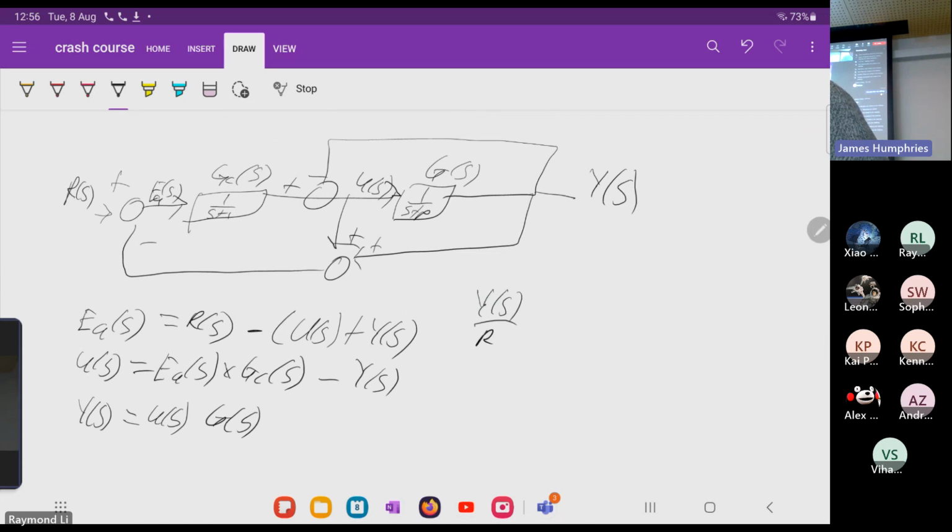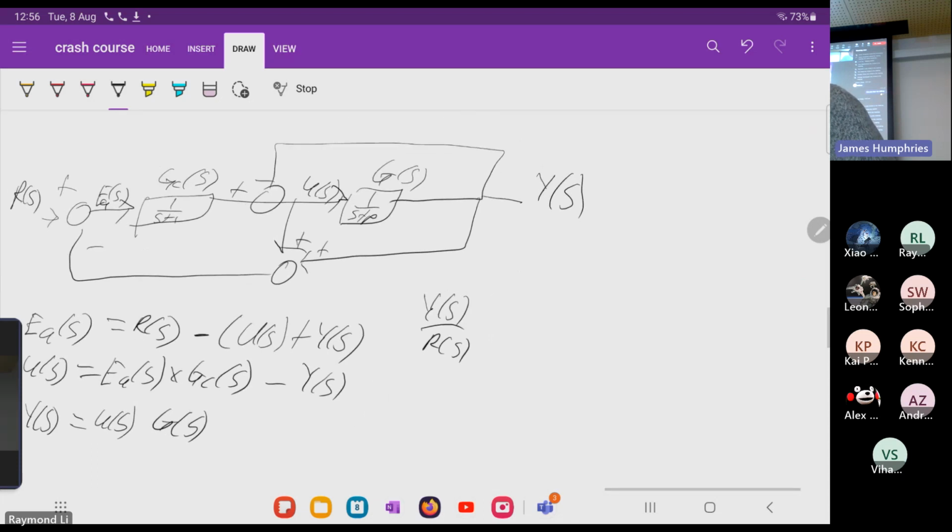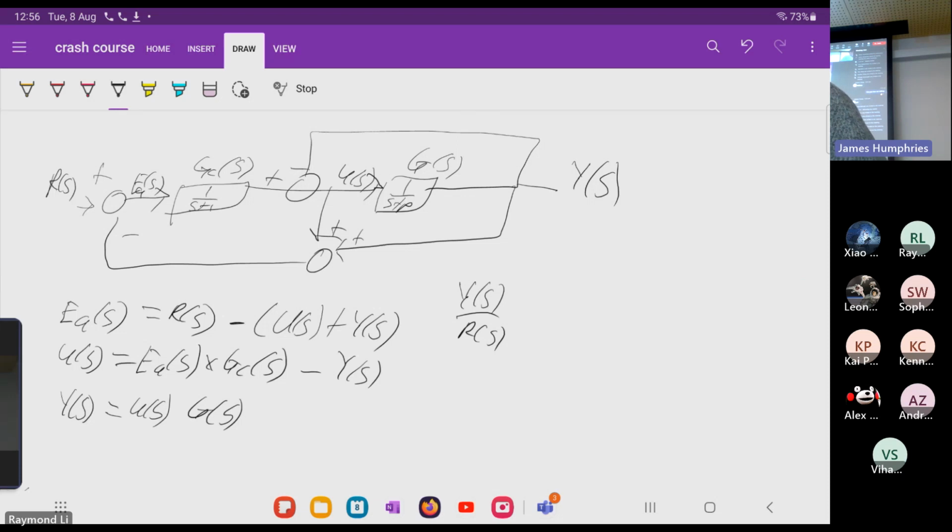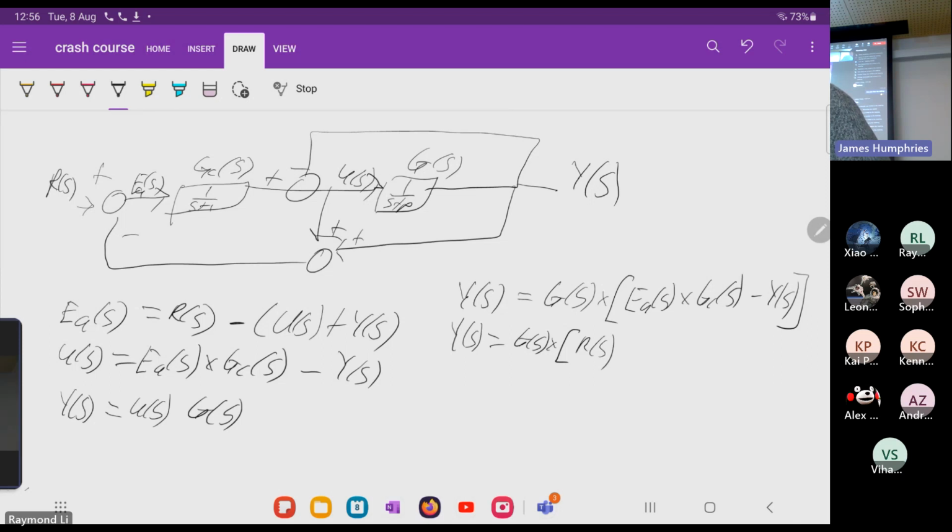You want Y of S on R of S. So we have this bottom one, Y of S is equal to U of S, G of S. So for now Y of S is equal to G of S multiplied by EA of S times GC of S minus Y of S. And then Y of S is equal to G of S multiplied by R of S minus U of S plus Y of S, times GC of S.